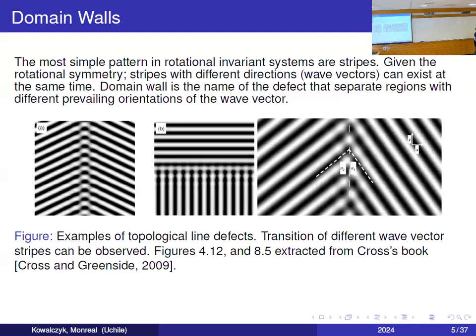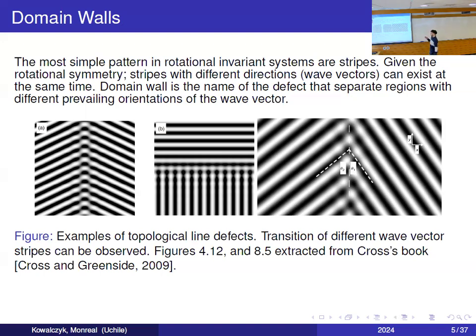We are particularly interested in the structure that we call a domain wall. A domain wall is a transition between stripes. If we consider rotationally invariant systems, the most basic pattern that we can observe are stripes.